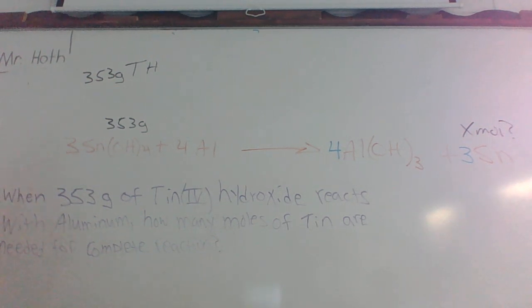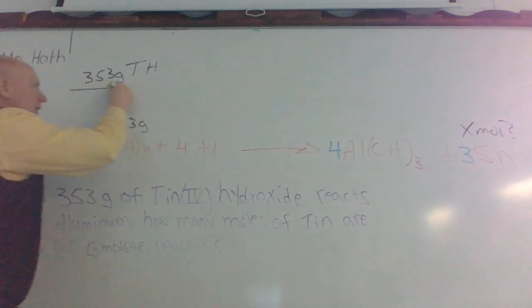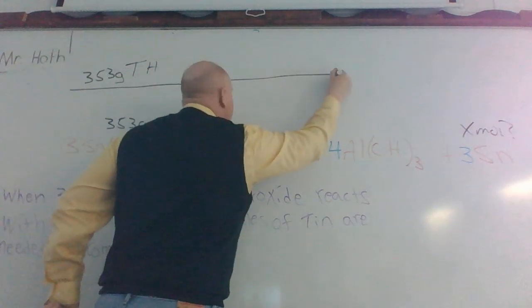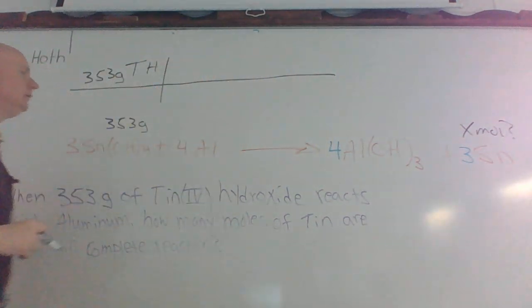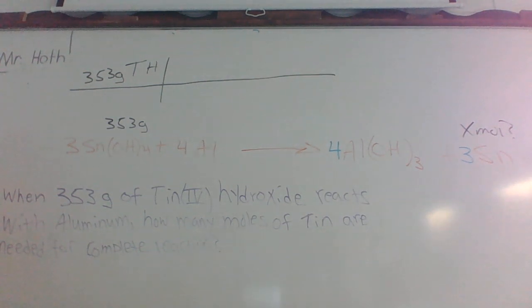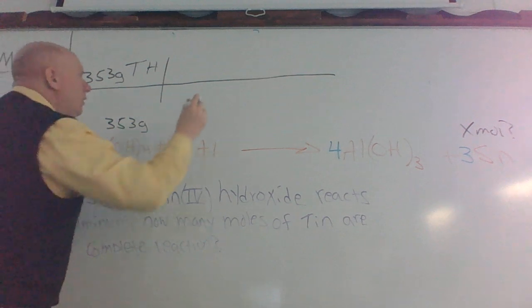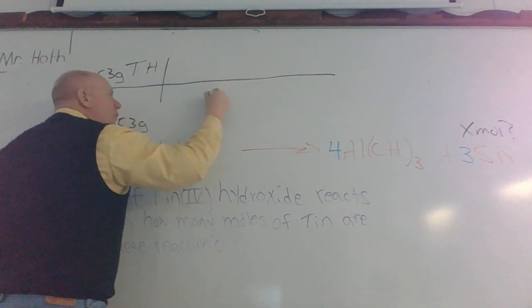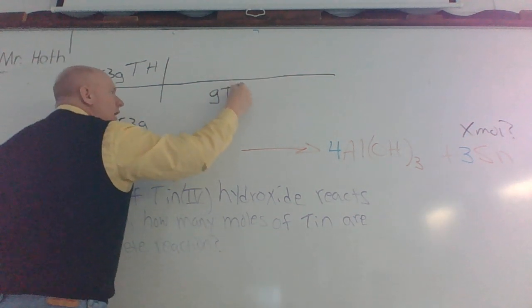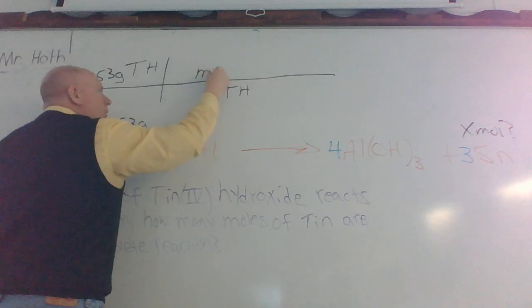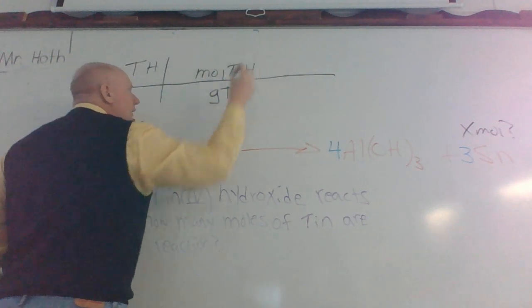All right? So, we see this number in grams. We're going to change it to what? We're going to change it to moles. So, for every gram of tin hydroxide, we would get a mole of tin hydroxide.